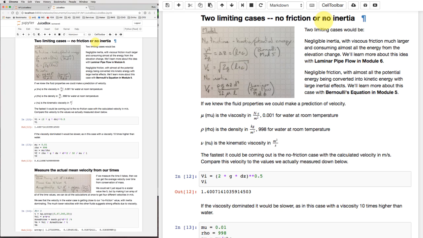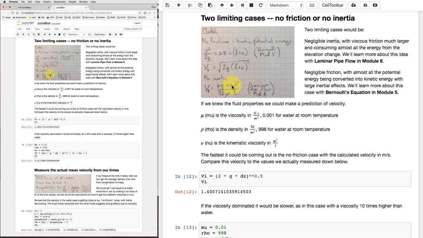The other case, if we had no inertia, if we only had frictional forces, then we'd have to look at the potential energy, this delta Z, divided by the frictional energy, this 32 mu L over rho g D squared. And that's a little more complicated. You're going to see that in Module 6. But let's just take it for now that what we're saying here is that the frictional dissipation due to viscosity has to match up exactly with the potential energy.